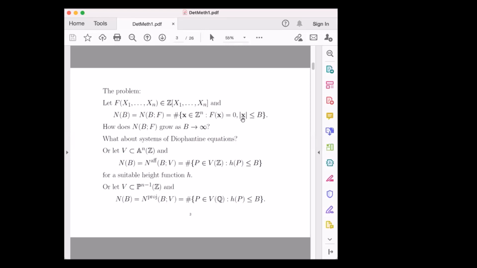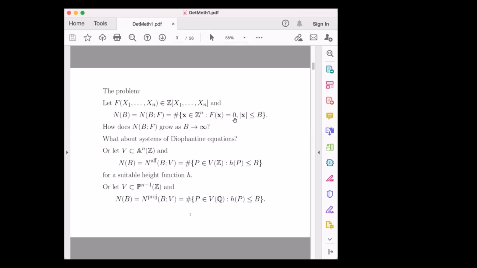It makes very little difference to the results which sort of norm one takes. I usually work with the sup. And then the key question is, how does this counting function grow when the size of the box tends to infinity?